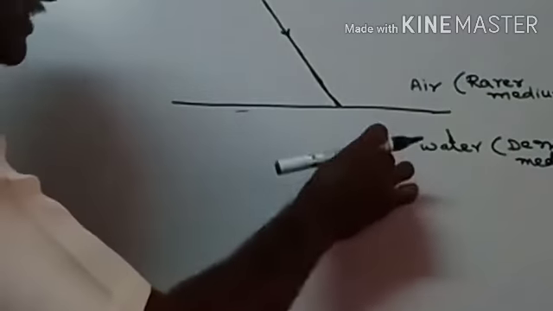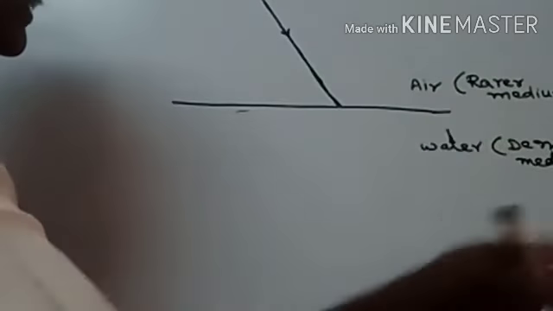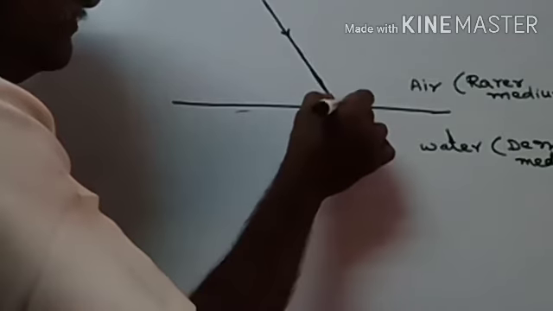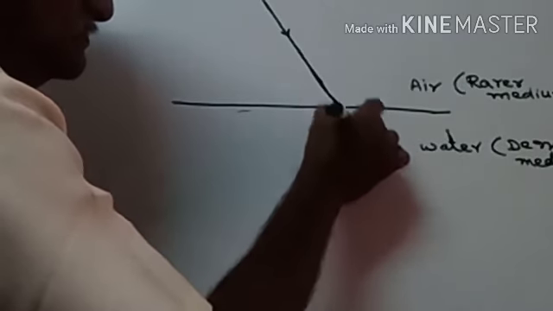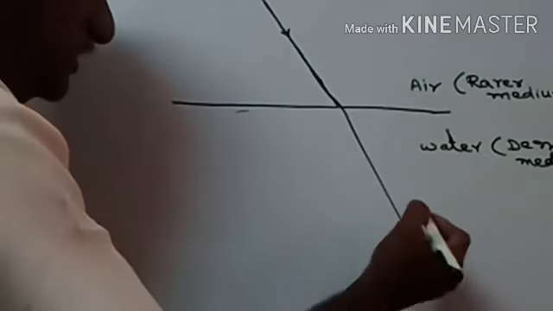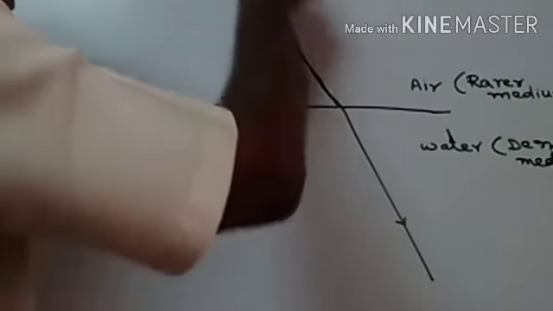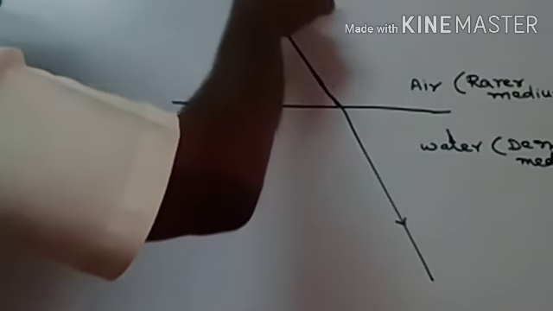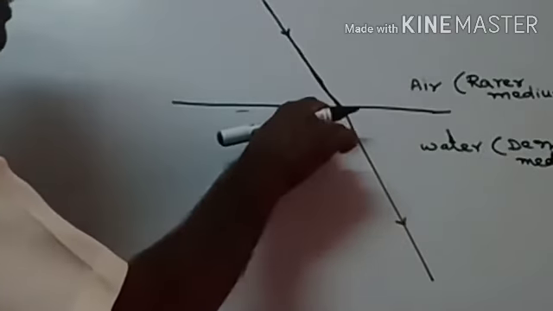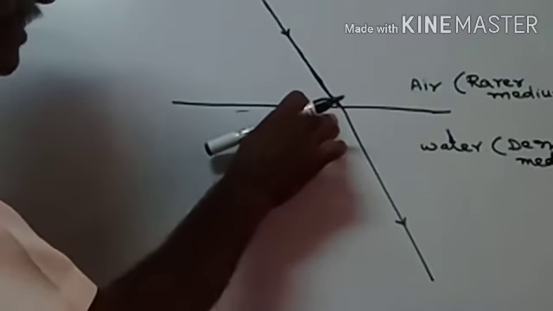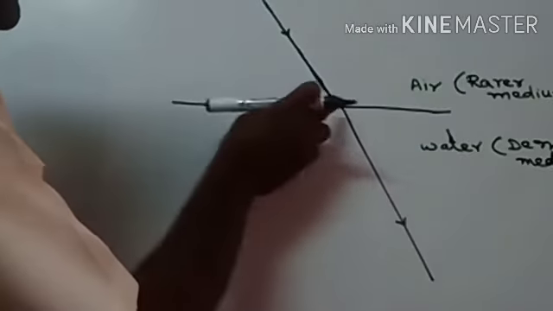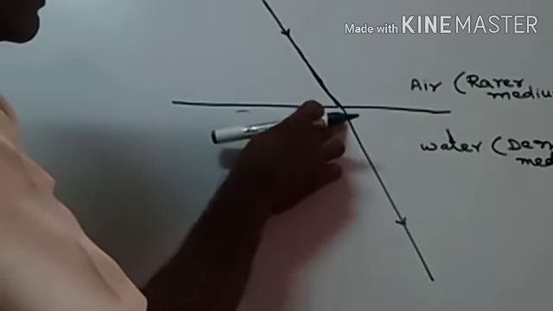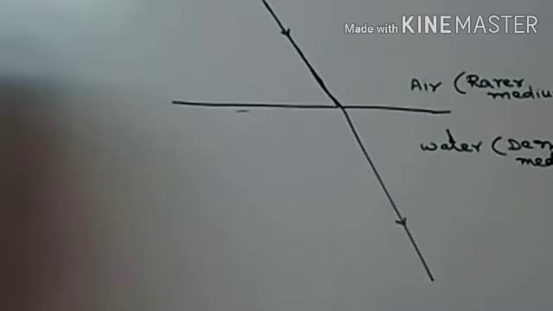Because of that, in the water its velocity is different, so from this point it deviates and moves in this direction. It does not move straight. Because of the difference in speed, it deviates slightly here and then moves in this direction. Okay, here refraction is happening.